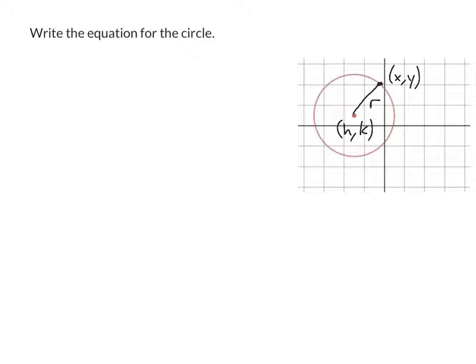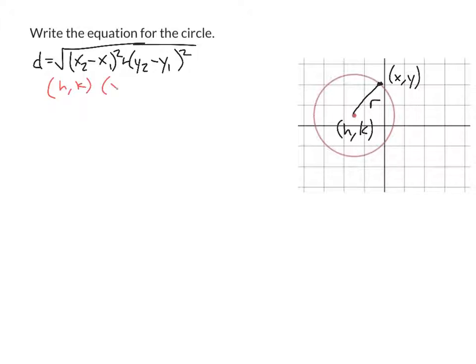So if we continue to use the distance formula, let's just start plugging things in. Again, we have points (h, k) and (x, y), and then the radius, or in this case the distance, is r.